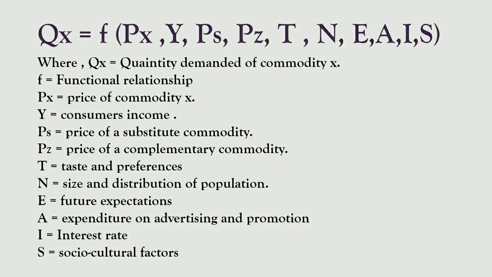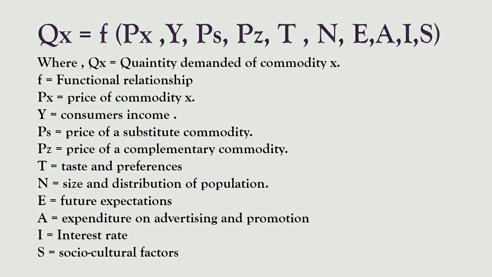T is basically the taste and preference of the consumer. N is the size and distribution of the population. E refers to future expectations. A refers to expenditure done by the company on advertisement and promotion. I refers to the interest rate and S refers to social cultural factors.